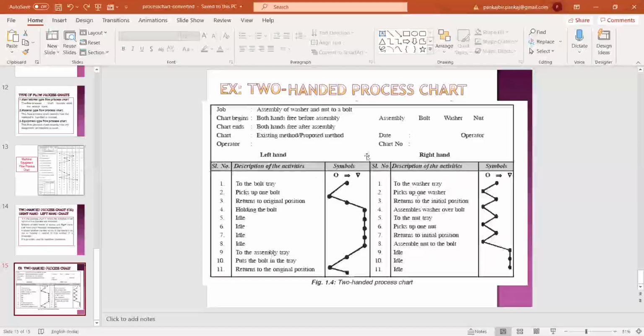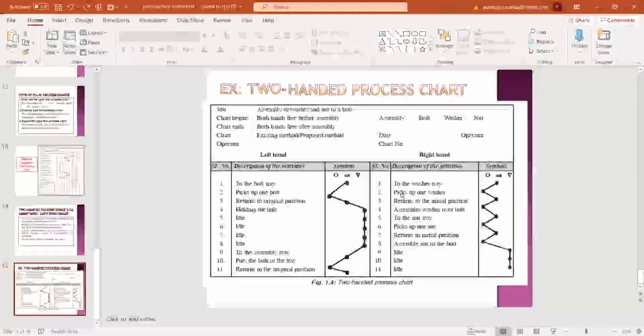So in this proforma you can clearly see all the operations done by a worker with his right hand and left hand, and how the repetitive work can be minimized and the idle time for both the hands can be reduced with this chart.